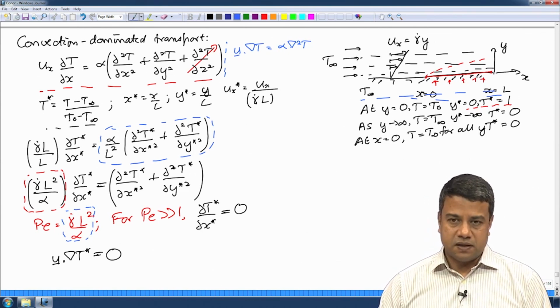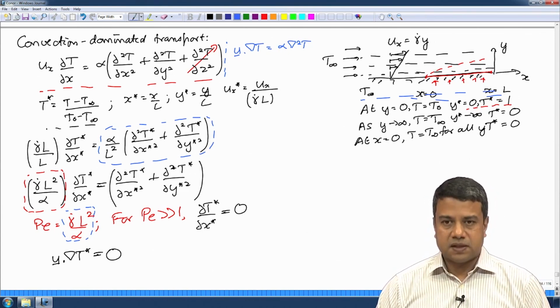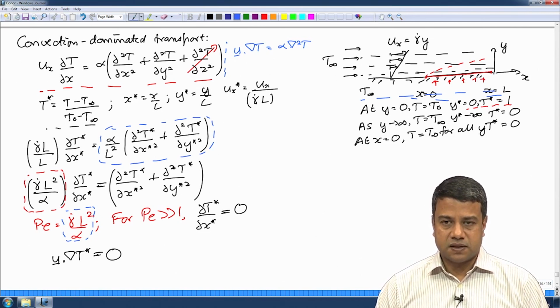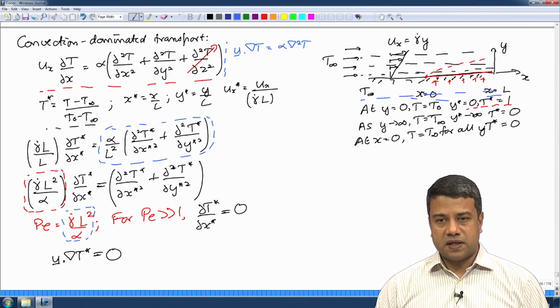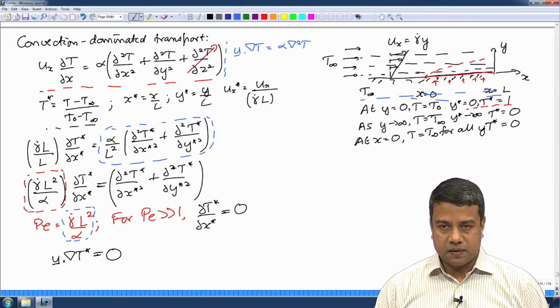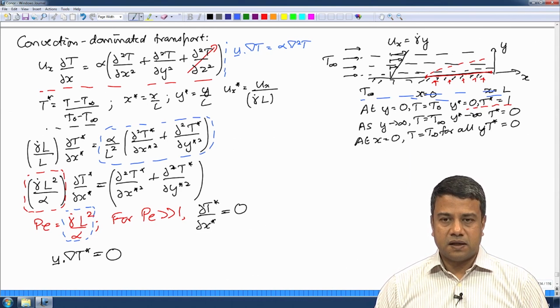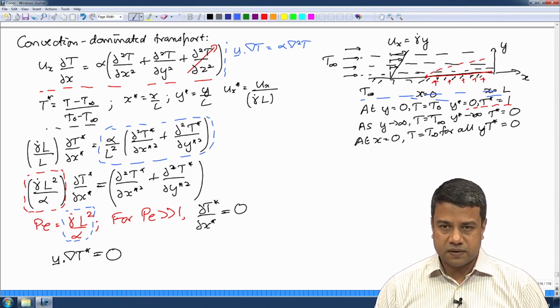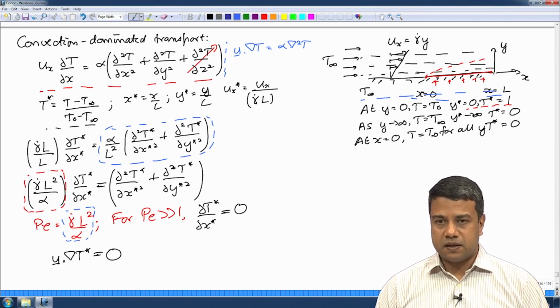The thickness of that region will decrease as the Peclet number, the ratio of convection to diffusion, increases. However, if you scale it by the correct thickness, that scaled equation will be independent of Peclet number even in the limit as Peclet number goes to infinity, indicating that within this thin region close to the surface there continues to be a balance between convection and diffusion.